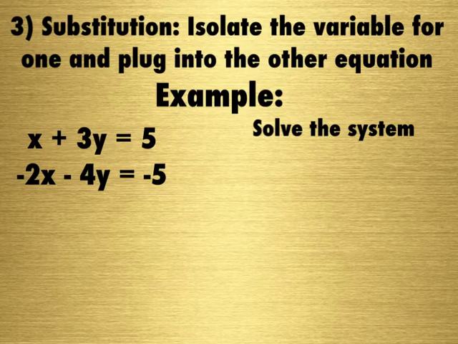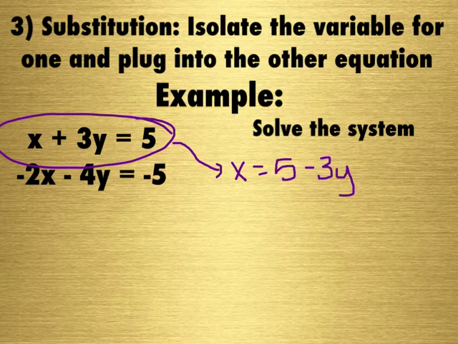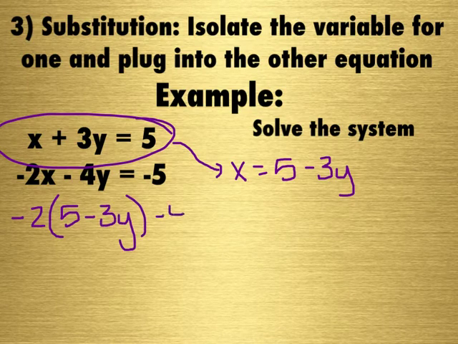Substitution, you need to isolate a variable. So you look at which equation would be easy to get one of the variables by itself. I can subtract 3y from both sides, and I'll get x equals 5 minus 3y. Once I do that, I can substitute this value of x in for the other x. So I have negative 2 times 5 minus 3y minus 4y equals negative 5.